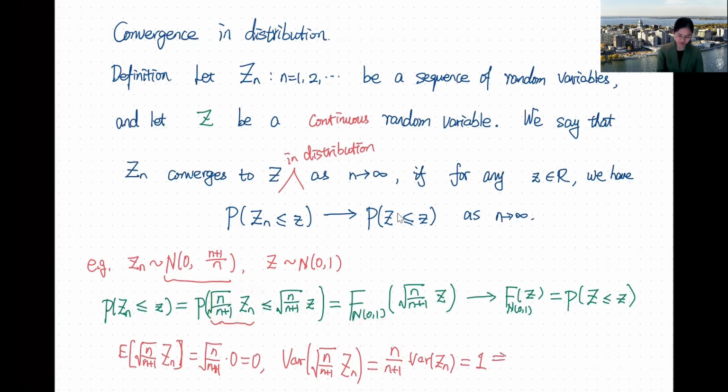So that implies this is standard normal distributed. If that is standard normal distributed, and this is a constant, this probability equals the CDF of standard normal evaluated at this value. The CDF of standard normal is a continuous CDF because standard normal is a continuous distribution.